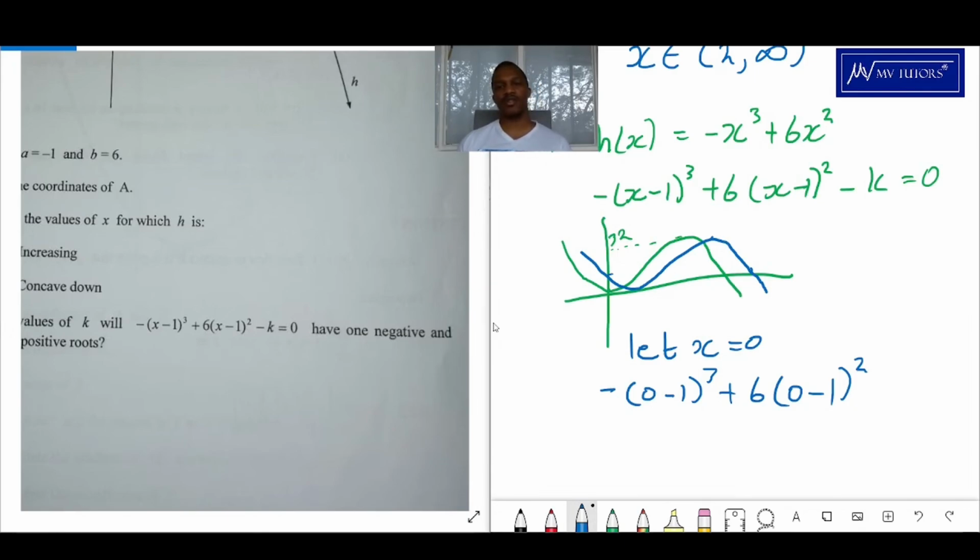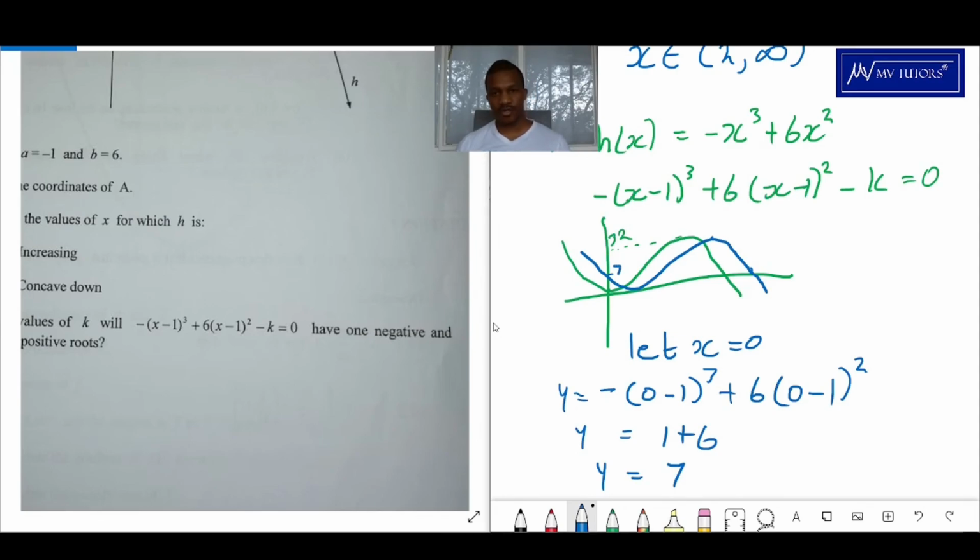Minus 1 cubed is minus 1, so this is going to be a positive 1, plus 6, because that's going to be positive 1 as well. So our answer is 7. Our y-intercept is 7.